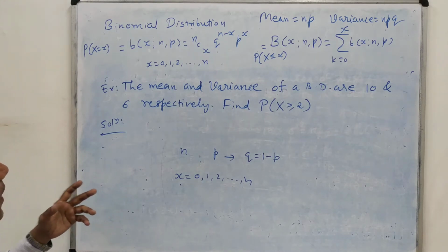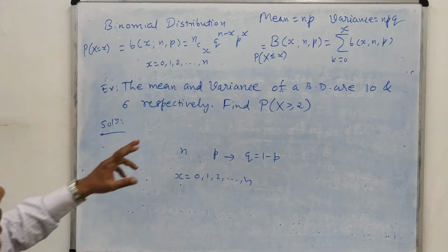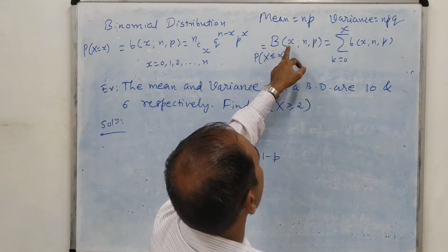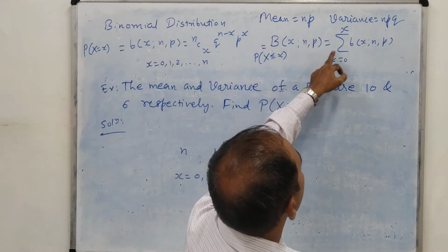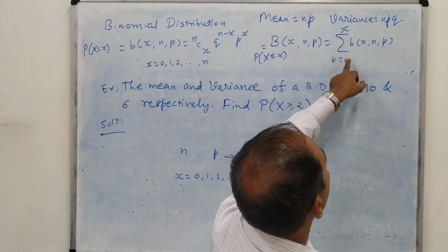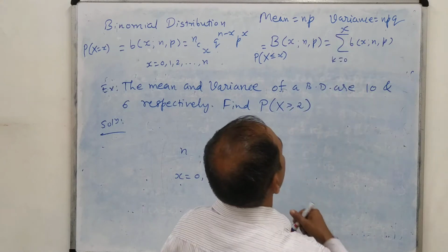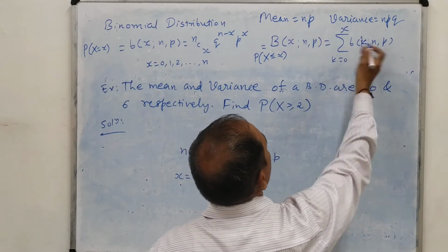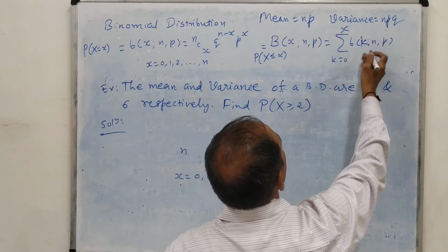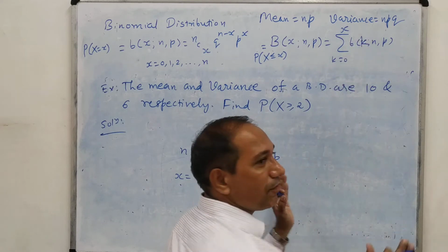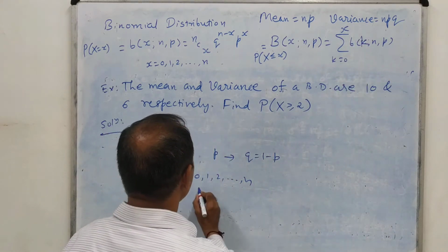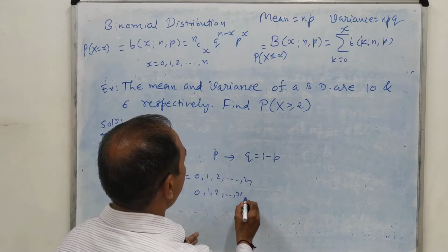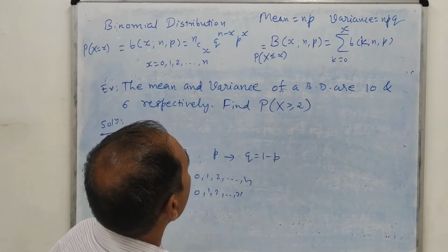Then we have seen the cumulative binomial probability, capital B(x; n, p), that means the sum over k from 0 to x. Here instead of x we write small k, because for k equal to 0, 1, 2, 3 up to x, we can combine all the probabilities. x can be n also, whatever it is.